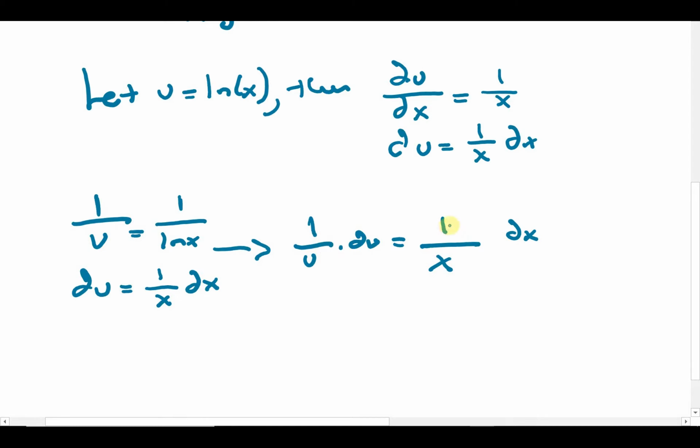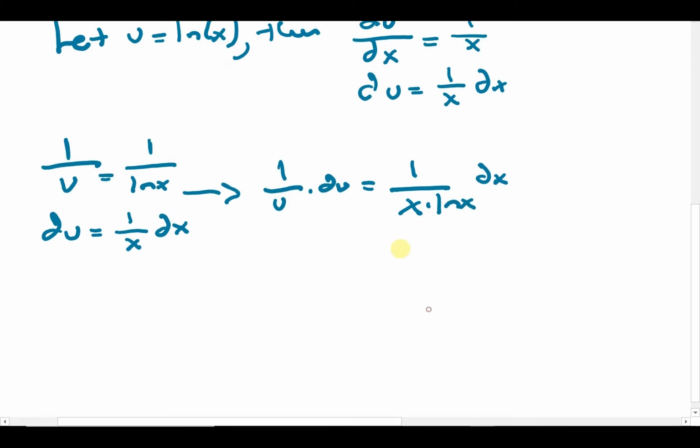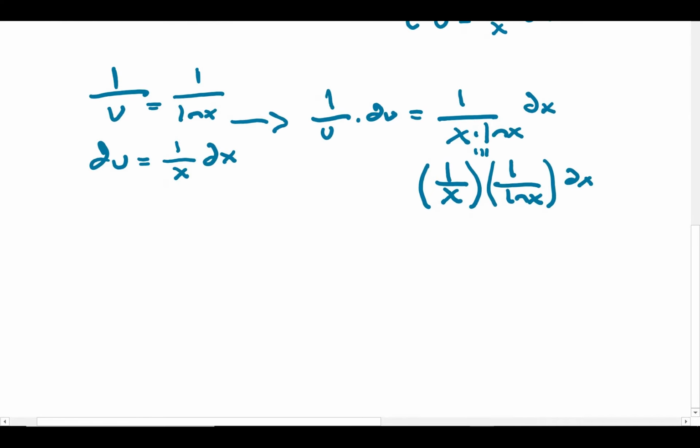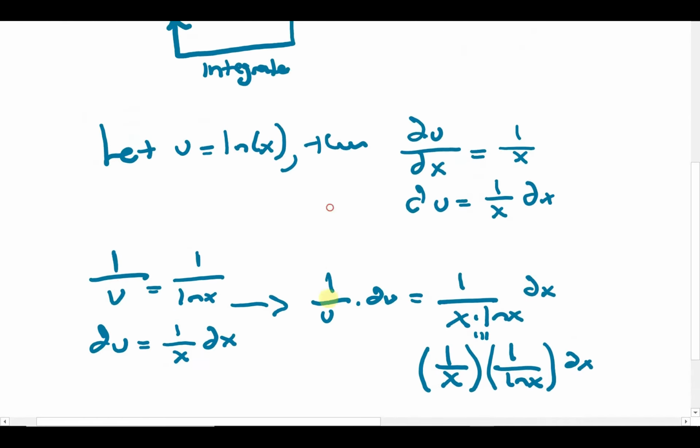If you take 1 over x and combine it with 1 over ln x, with the dx outside, these are equivalent forms.